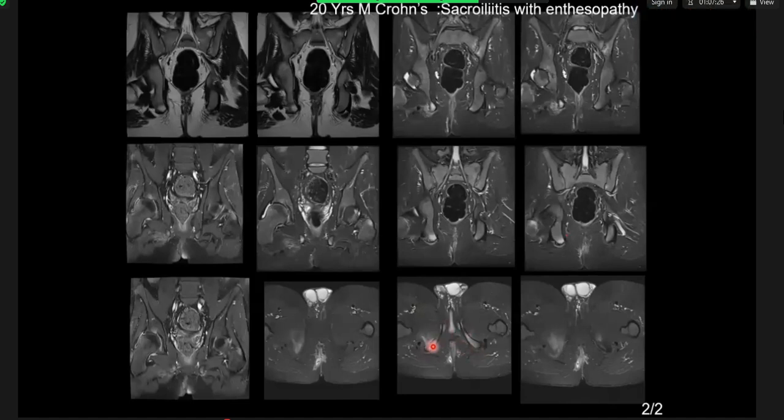There is bone edema seen in the right ischium on these 3 images. There's also irregularity of the cortex of the ischium on the right side. And I'm just wondering, in the context of enthesopathy associated with sacroiliitis in this patient, is there any avulsion fracture?